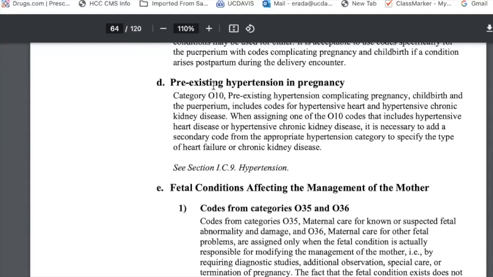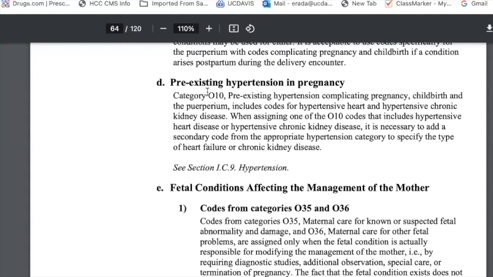Okay. So I got here. O10. Okay. Pre-existing hypertension, complicating pregnancy, childbirth, and the puerperium. When you're assigning O10.1, look here, guys.